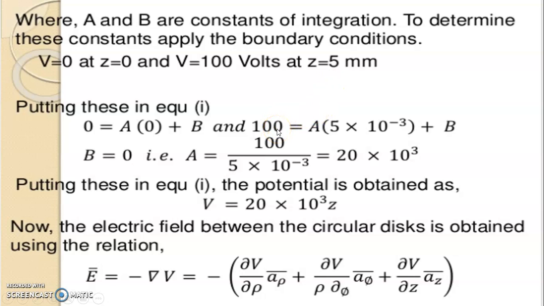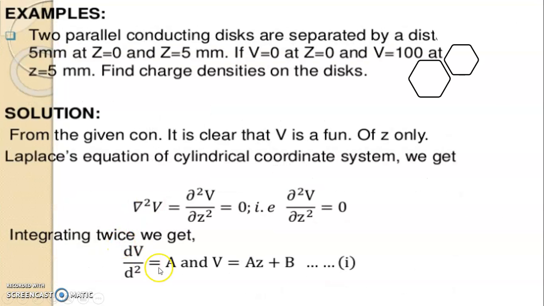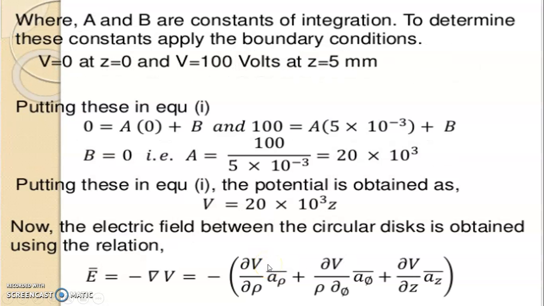So it will be 100 is equal to A into 5 into 10 raised to the power of minus 3 plus B. The value of B was 0. So from here we can calculate the value of A, which comes out to be 20 into 10 raised to the power of 3. Putting this value in the equation, V is equal to 20 into 10 raised to the power of 3 into z.